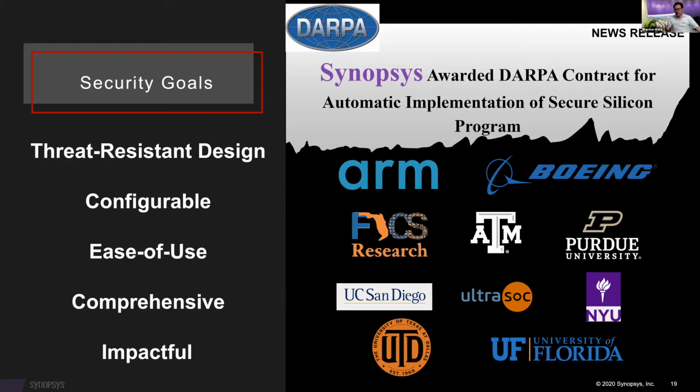Comprehensiveness is about coverage of formal leakage analysis and a security IP portfolio, including root of trust, crypto, and fault injection, which I'm going to go a little deeper on in my next couple of slides.